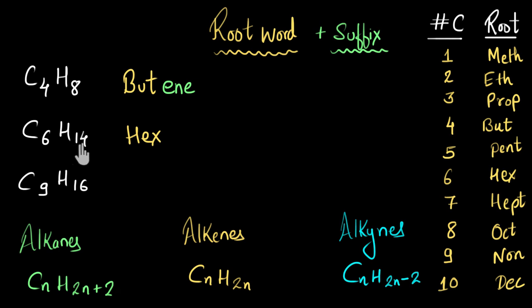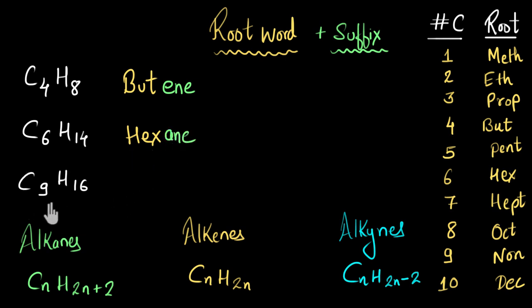If it is 2 more than twice, then it will be alkane. And if it is 2 less than twice, then it will be alkyne. Okay. So here I see that 6 2s are 12. But this hydrogen number is 14, 2 more than 12. And 2 more than twice is alkane. So this is an alkane molecule. And therefore the suffix is going to be -ane. So this compound will be hexane.